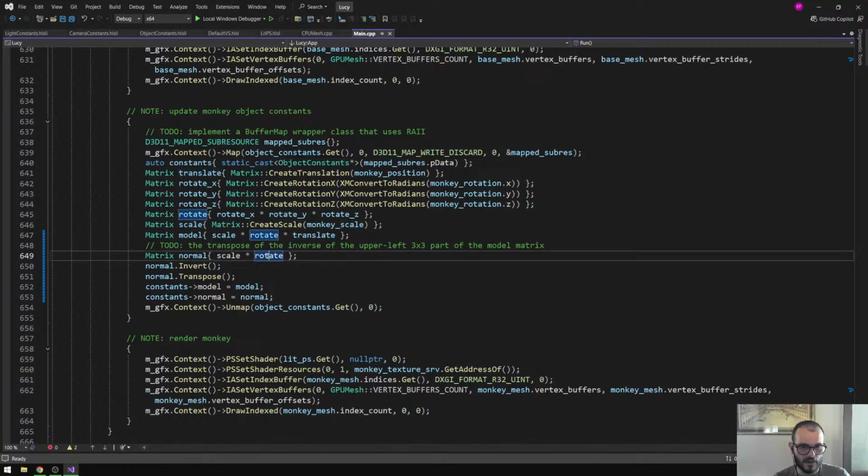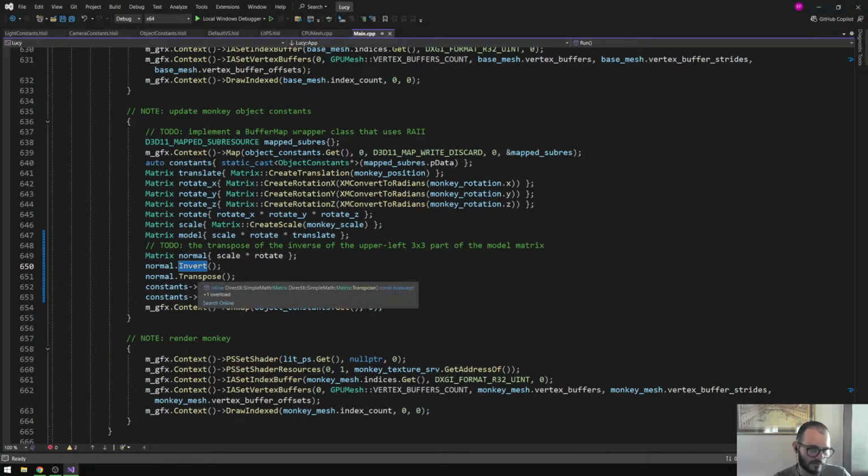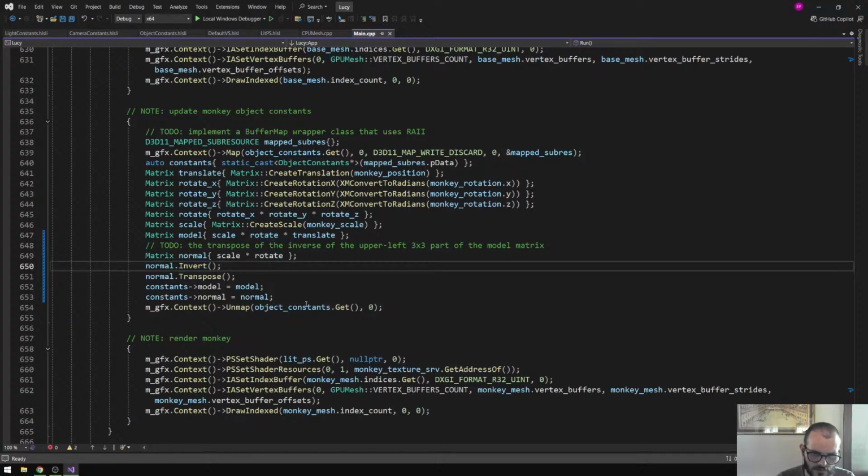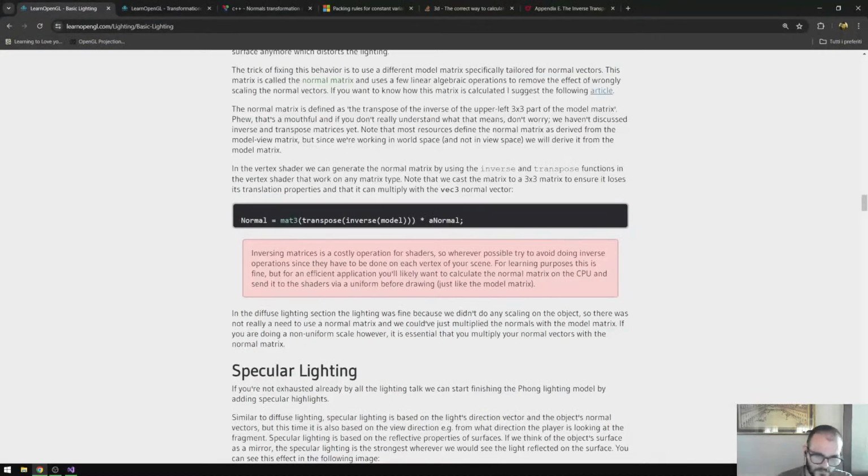Now we have our scaling, we have our rotation, no translation applied. We multiply them, combining the two transformations.